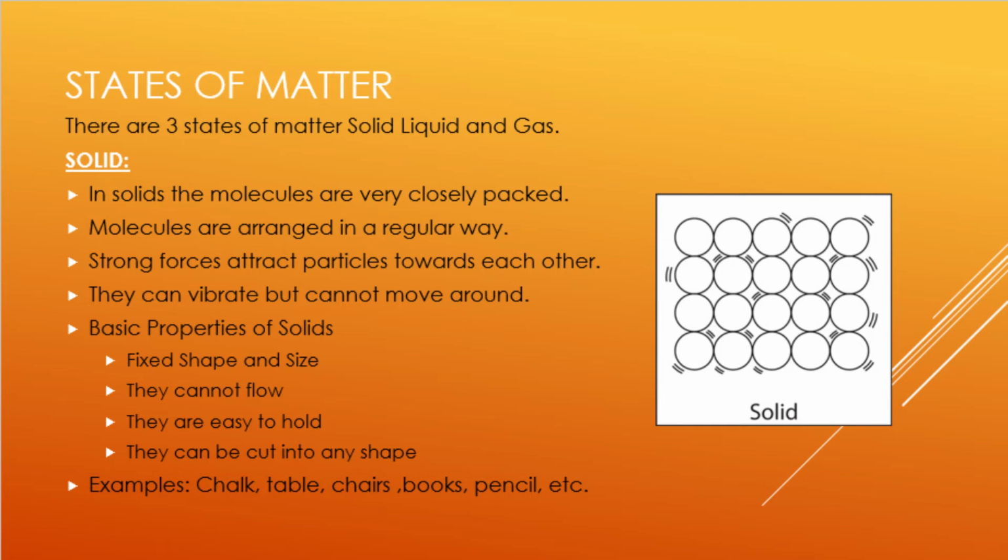Solid can vibrate but cannot move around. And the basic properties of solid are they have fixed shape and size, they cannot flow, they are easy to hold, and they can be cut into any shapes and sizes. Example: chalk, table, chair, books, pencil, etc.